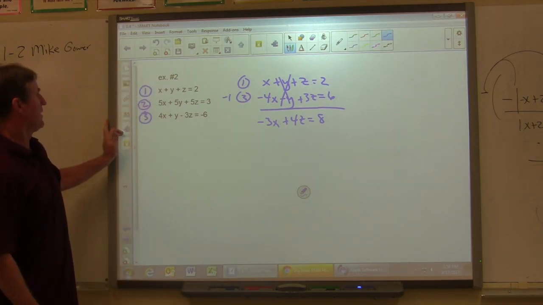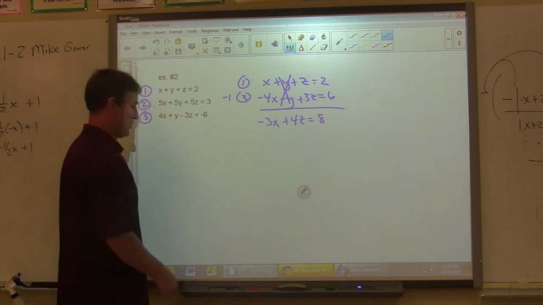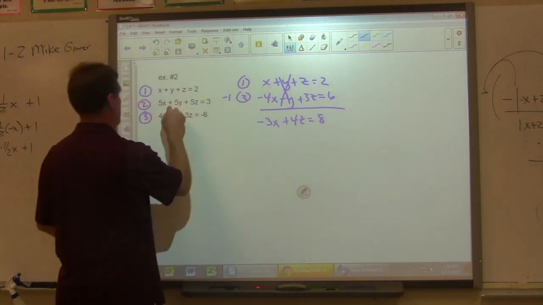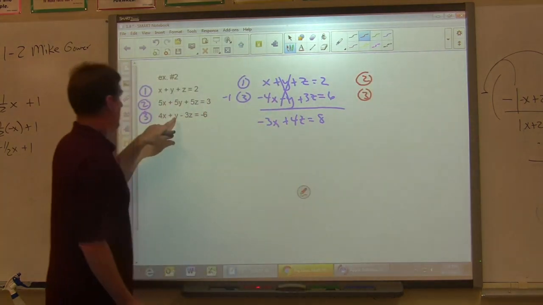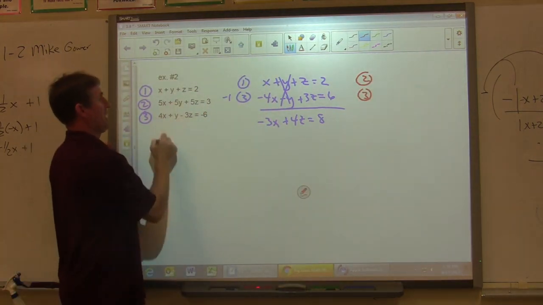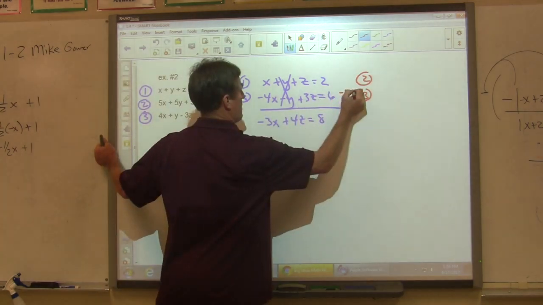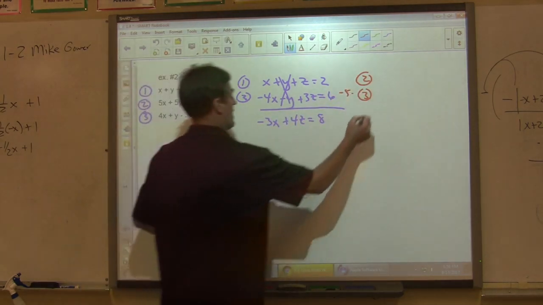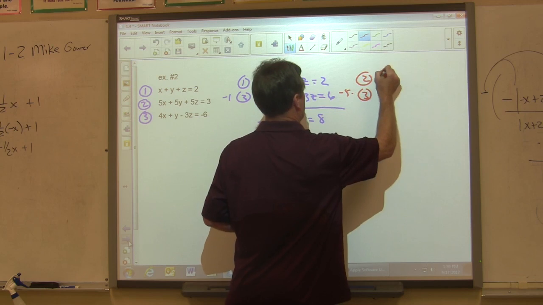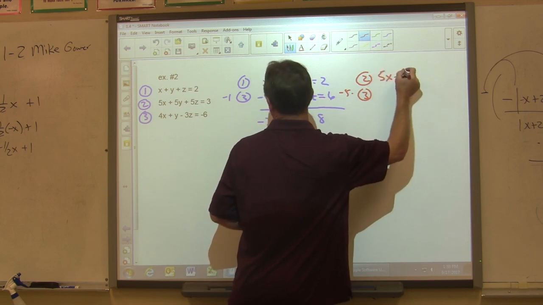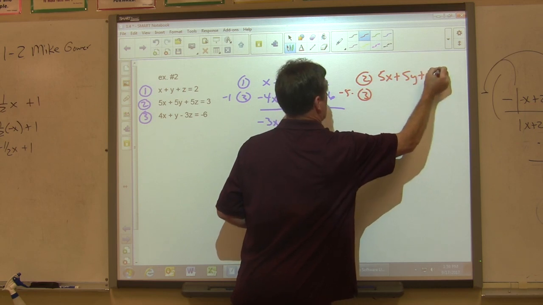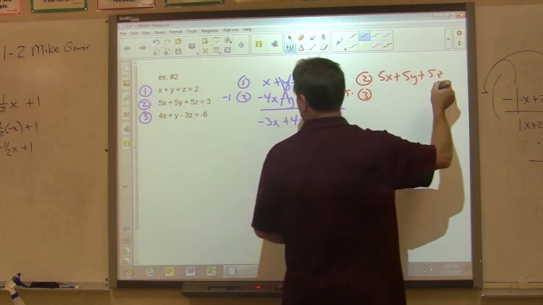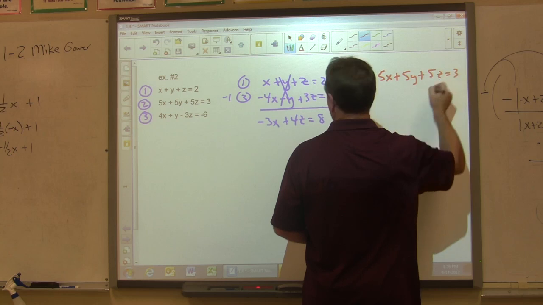Now we need to get rid of another one, so I'm going to use 2 and 3. And I'm going to multiply this one by a negative 5 to get opposites. So equation 2 is going to stay the same: 5x plus 5y plus 5z equals 3.